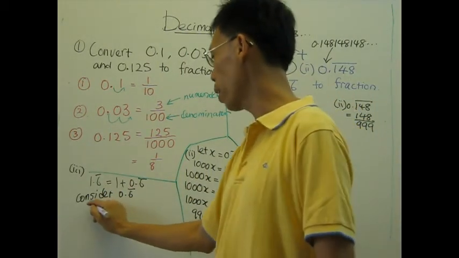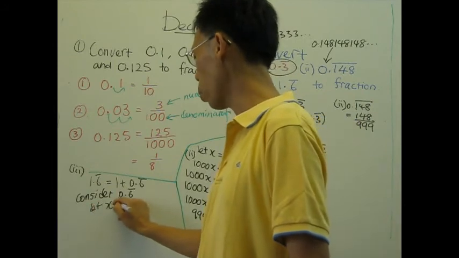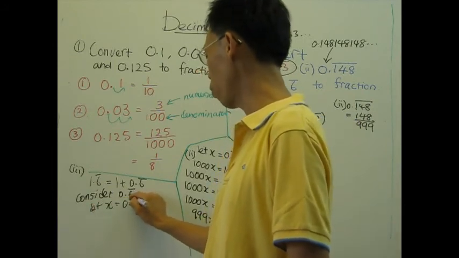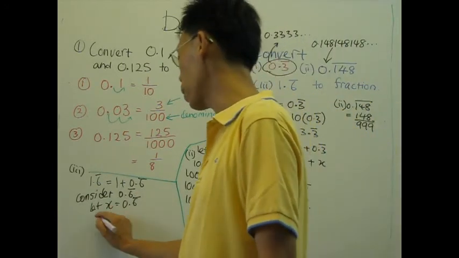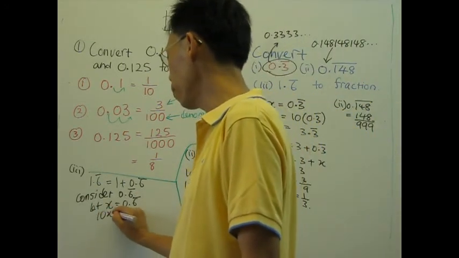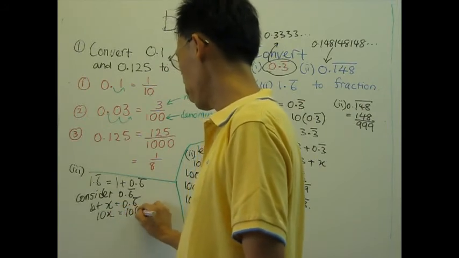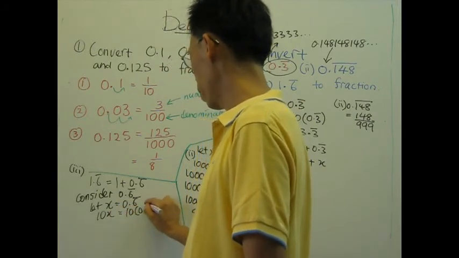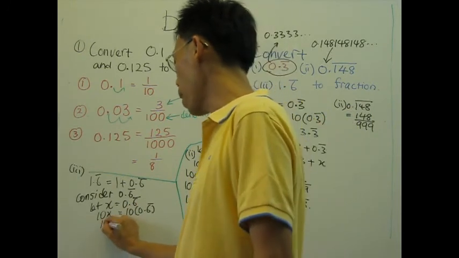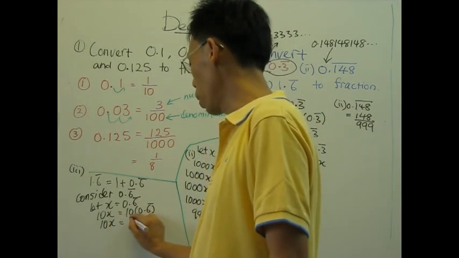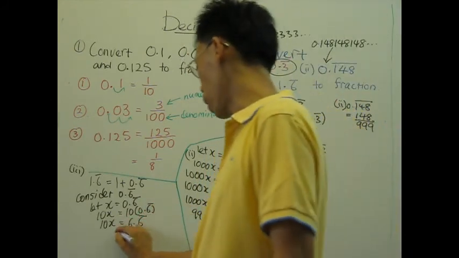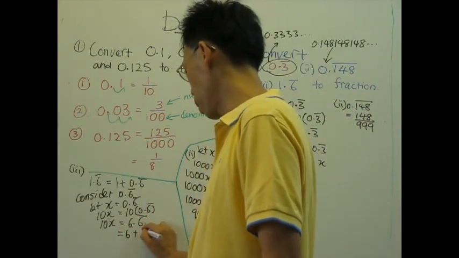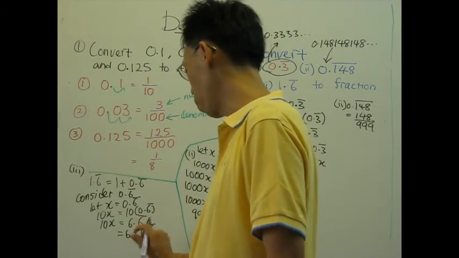So I'm going to say that x equal to 0.6 with a bar on top, 0.66666. And because it's one decimal place, I'll multiply everything by 10. So that becomes 10x equal to 6.66666, which is just 6 plus 0.6 with a bar on top.